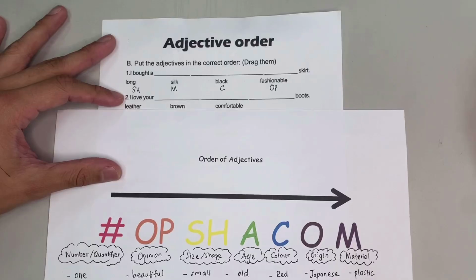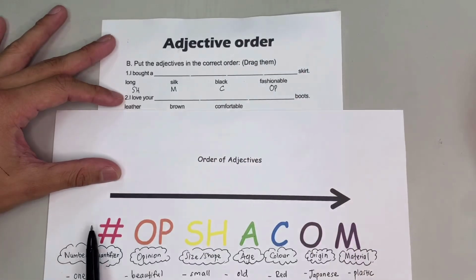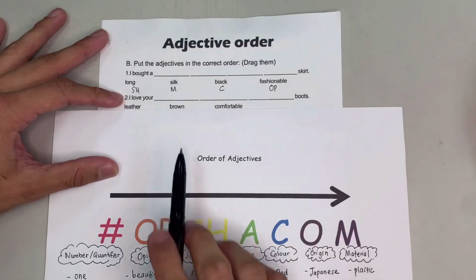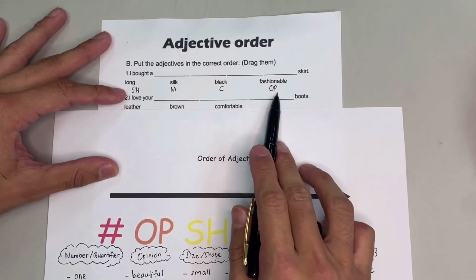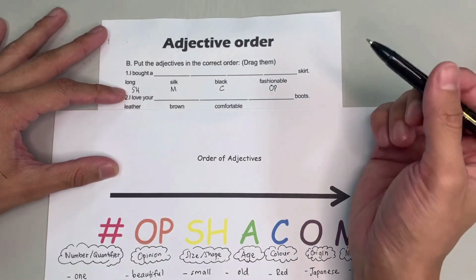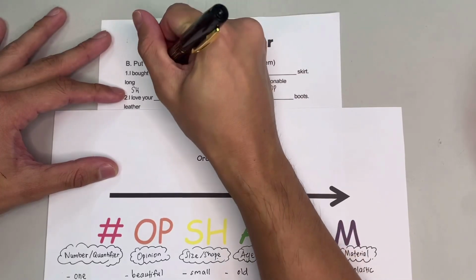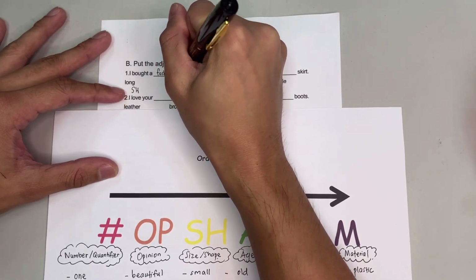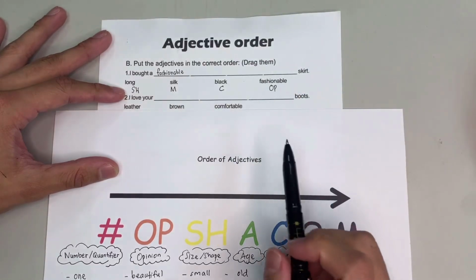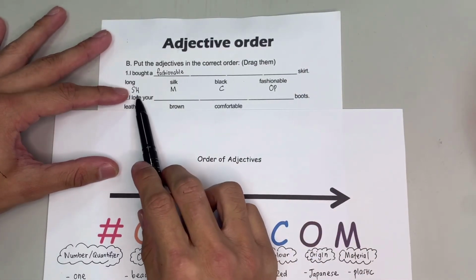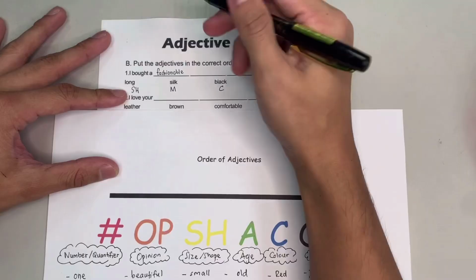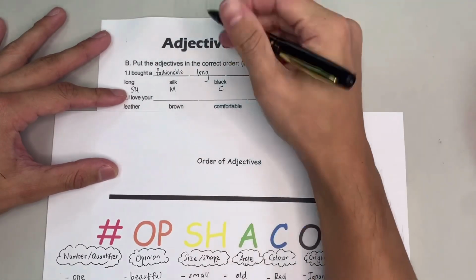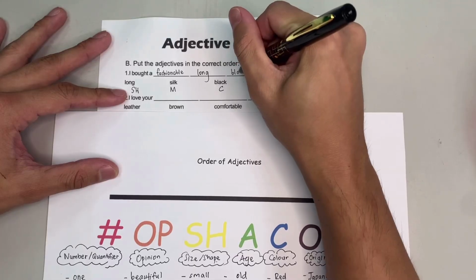Remember the adjective order is from the left to the right. OPSHACOM. So the first one should be OP. Fashionable. I bought a fashionable long. Then C, black.